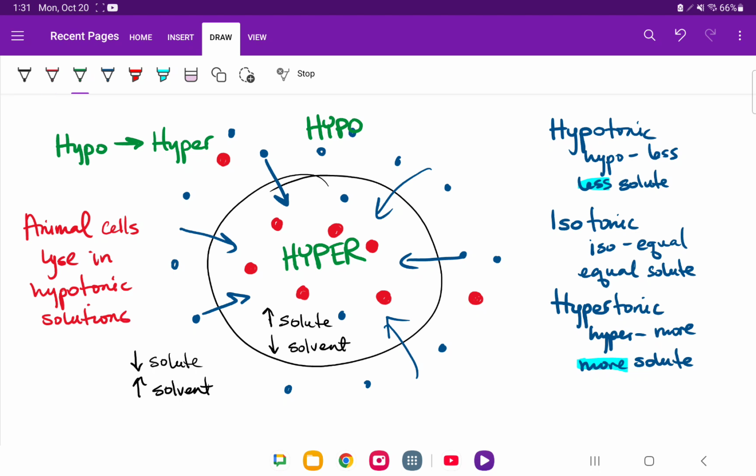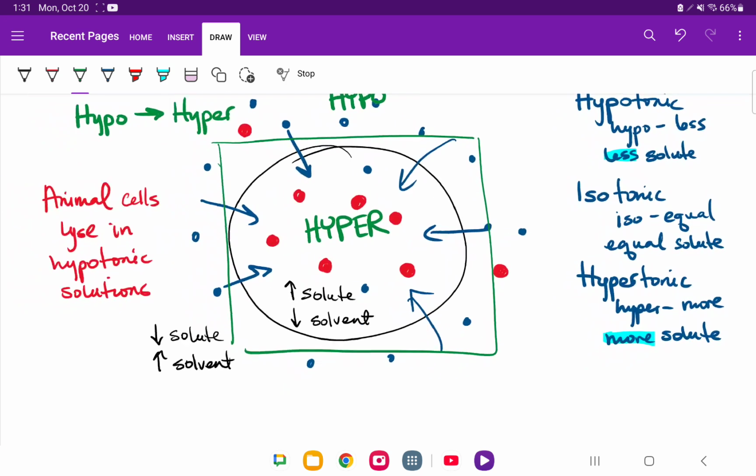This is different if you have a plant cell. So let's say that I add a cell wall. That cell wall is relatively more rigid than the cell membrane. It is less flexible, has less give. And so while I can stick a bunch of water in it, that water is not going to cause that plant cell to burst.